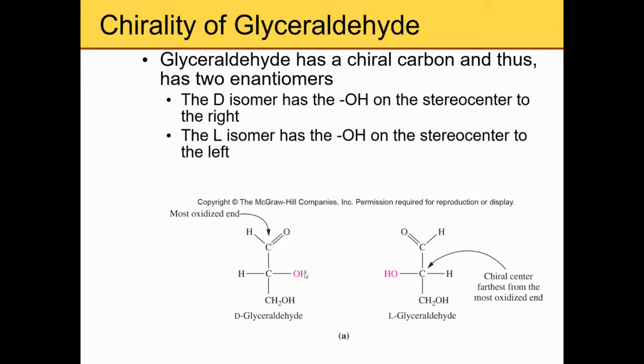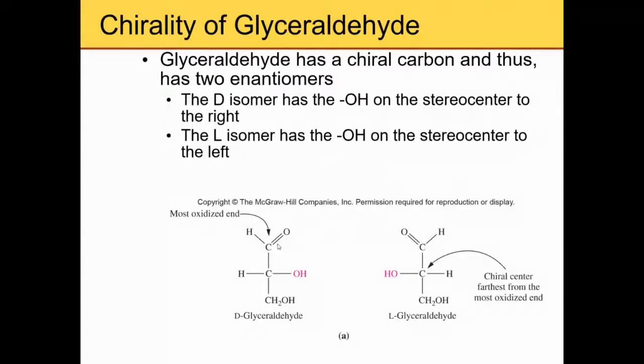If the hydroxyl group on this stereocenter is on the right, then it's a D. If it's on the left of the stereocenter, then it's L. That's how you define D and L.